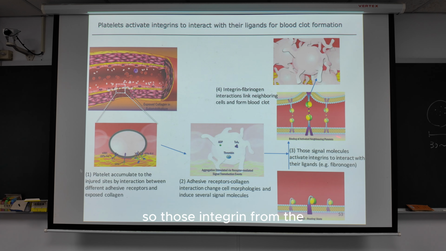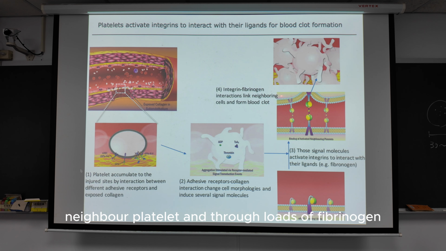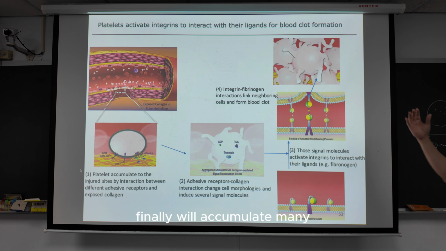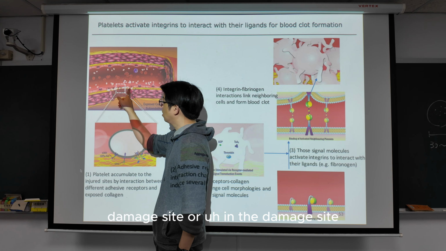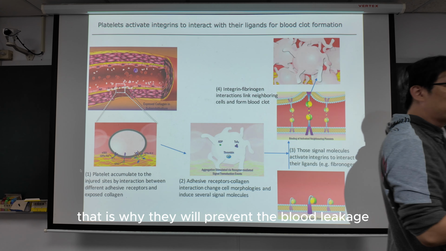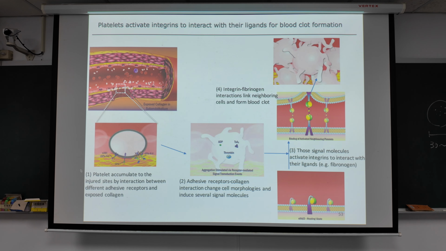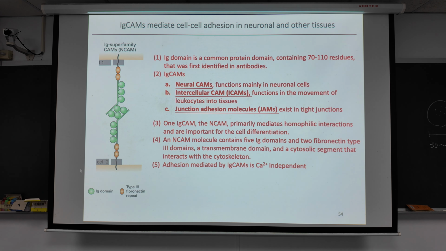So integrins from one platelet will interact with other active neighboring platelets through fibronectin, and finally will accumulate a lot of platelets at the damaged site. That is why they will prevent the blood leakage. Okay, that is how the integrin interaction triggers blood clotting.